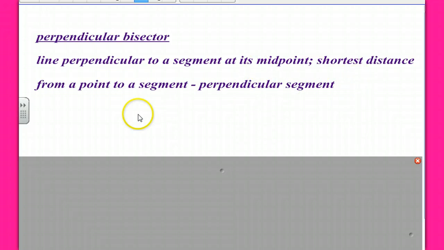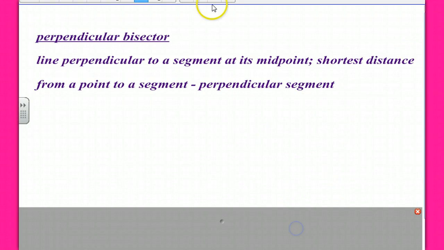The shortest distance from a point to a segment is a perpendicular segment. Okay, so from any point to another segment, let me put a segment on the board. So here's a segment, and if we take any point out here, the shortest distance to this segment will always be a perpendicular segment.